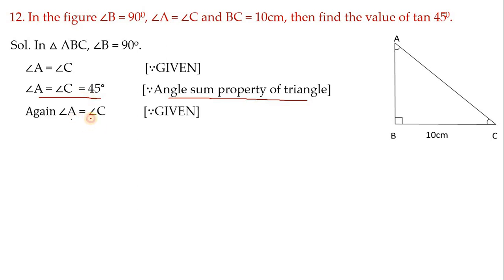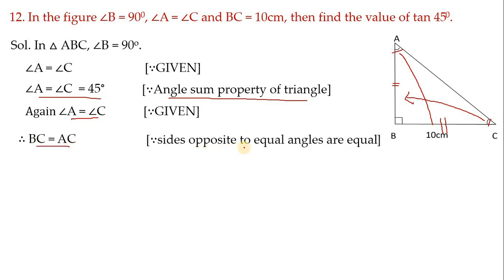Now I have got A value and C value, that is 45 degree. Again I am using angle A equals angle C. When angle A equals angle C, in 9th standard you have studied that the sides opposite to equal angles are equal. So this angle's opposite side is this, and this angle's opposite side is this. These two sides will be equal, means BC will be equal to AB. The reason is sides opposite to equal angles are equal.